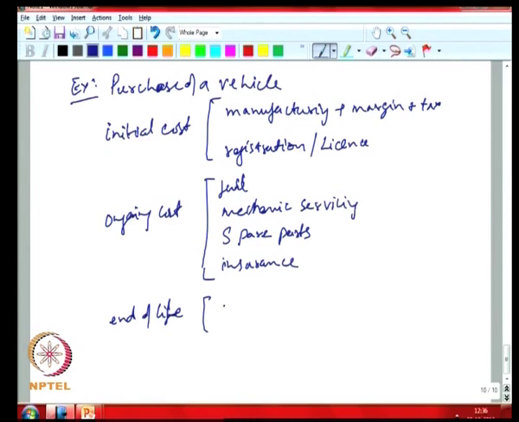So, you would like to reflect all these costs to your initial point when you are making a decision, rather than just making your decision based on what the initial cost is, because in fact when you are making a decision, you are actually not just committing to the initial cost, but actually all the other costs associated with it.